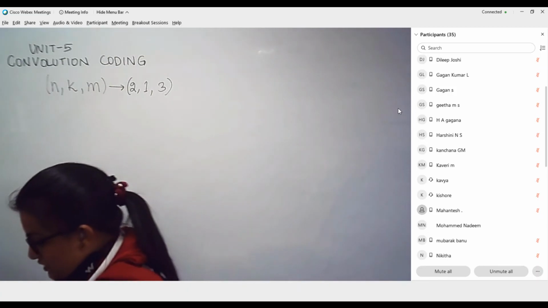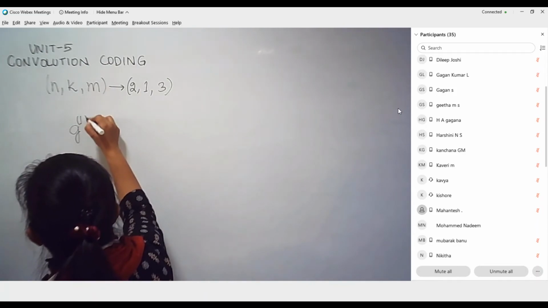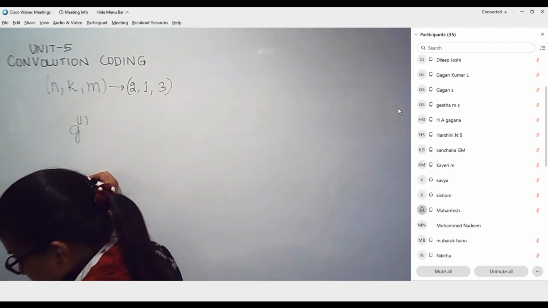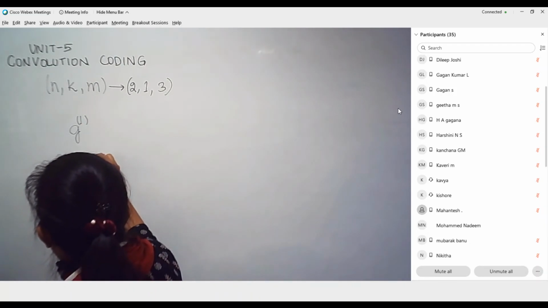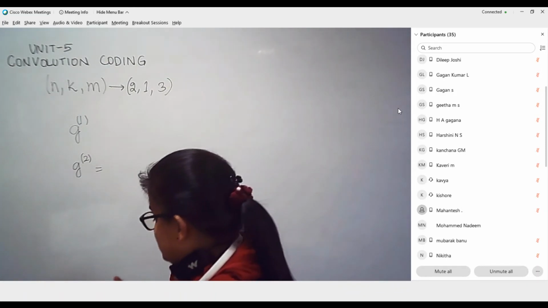What we do is, we write the generator polynomial for the first modulo 2 adder as G, with the superscript 1, and for the second modulo 2 adder as G with the superscript 2.